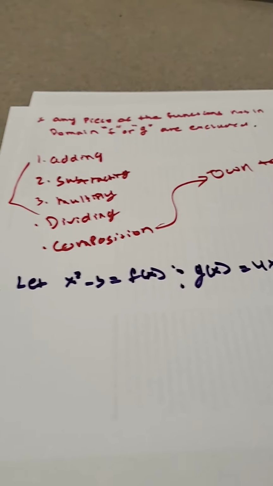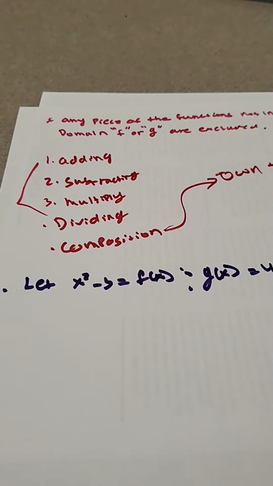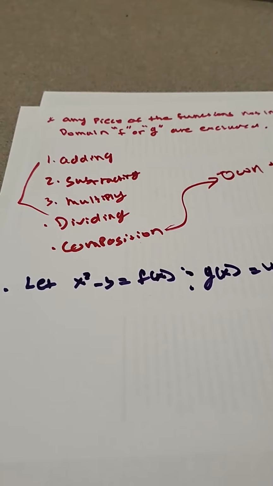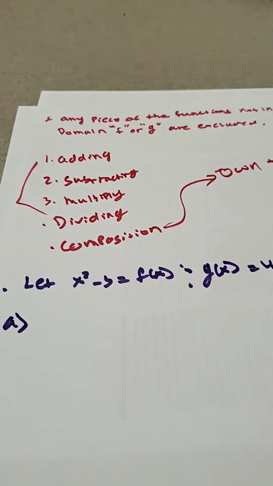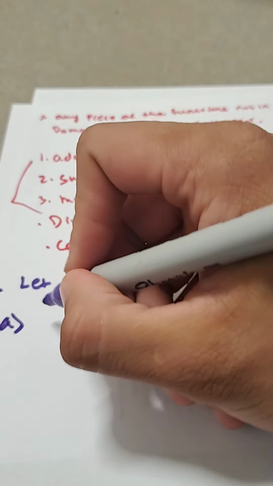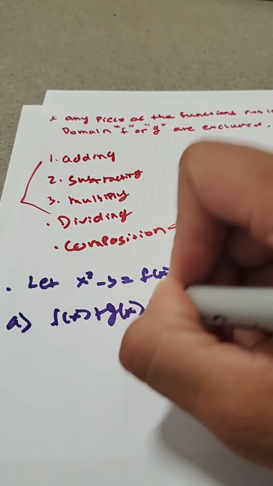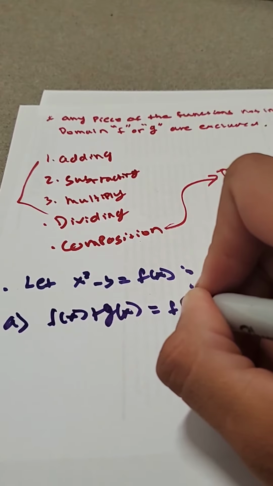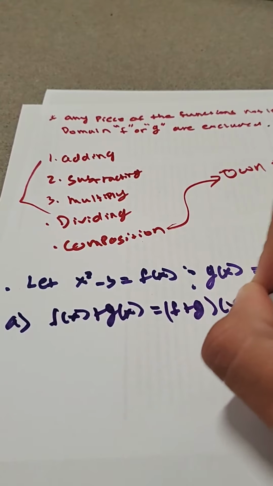We're trying to find all the resultant functions if we were to add and subtract them. So adding: if we were to add the functions, it's f of x plus g of x, which is equal to f plus g of x.